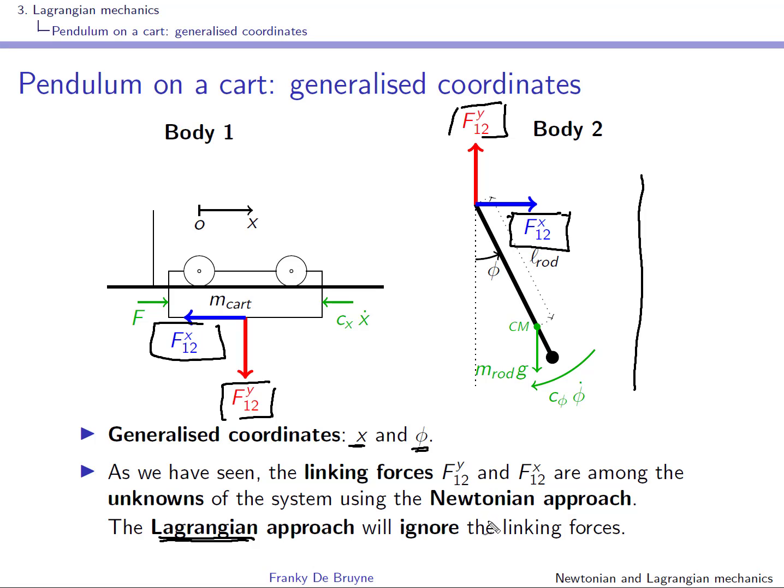We will ignore them in the problem, and this will make things easier, maybe not for this rather simple pendulum on cart system, but if you have more complicated systems, you will have more linking equations, and this will make the Newtonian approach more complicated. And this is why often, for more complicated examples, we go to the Lagrangian approach.